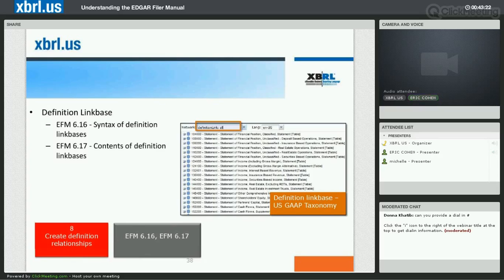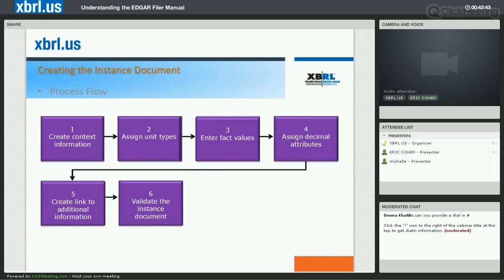The EDGAR filer manual, the FAQs, interpretations do provide some guidance about the definition link base and when you should follow the definition link bases set up in the US GAAP taxonomy and when you might not need to. But not quite as much here as I might like in a more technical area. So that's the EFM related to the company extension taxonomy.